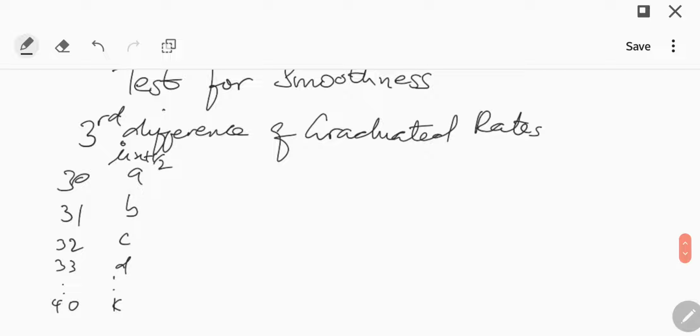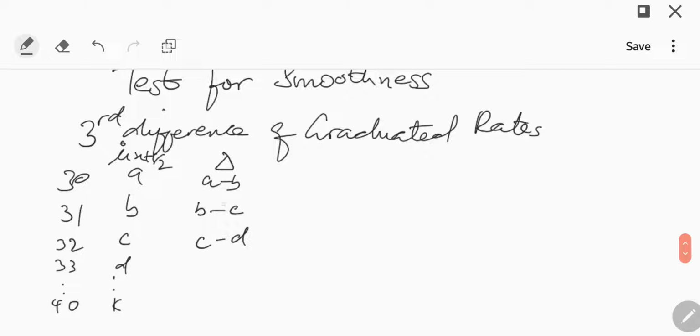If I'm saying third difference, the first difference is delta. When I'm trying to compute the first difference delta, this is A minus B, B minus C. This is the first difference. This is C minus D. So these are the first differences.